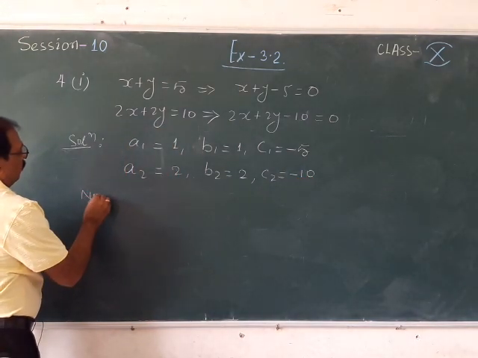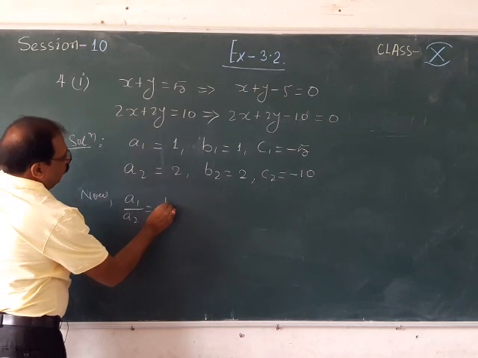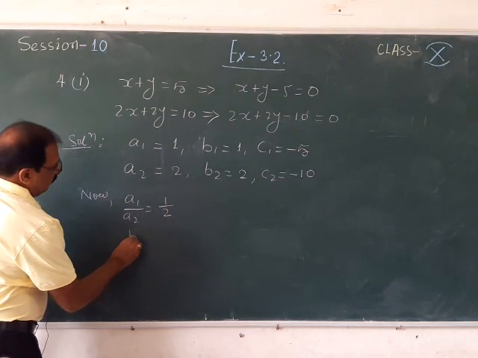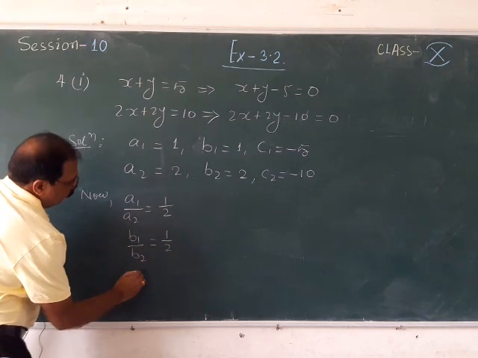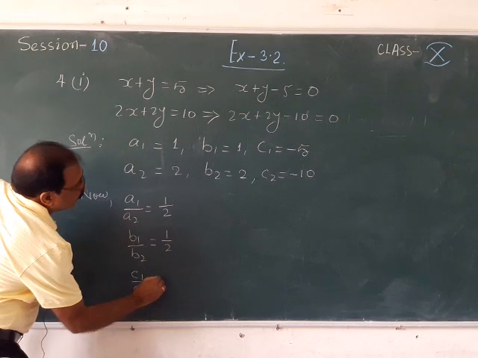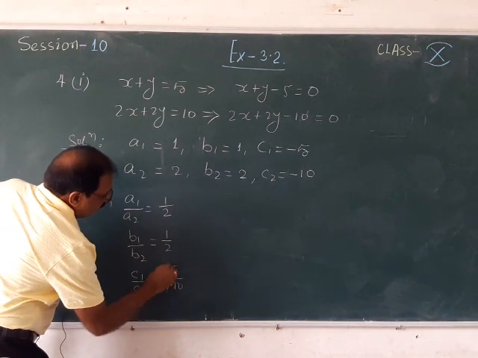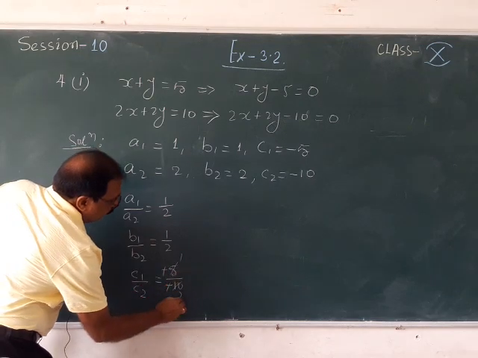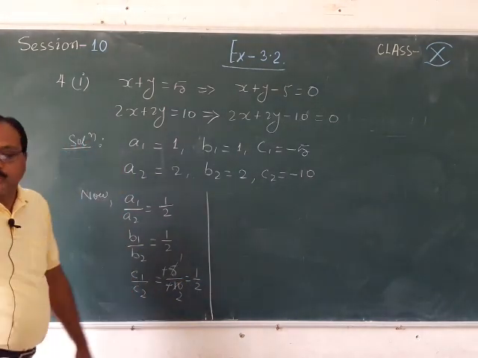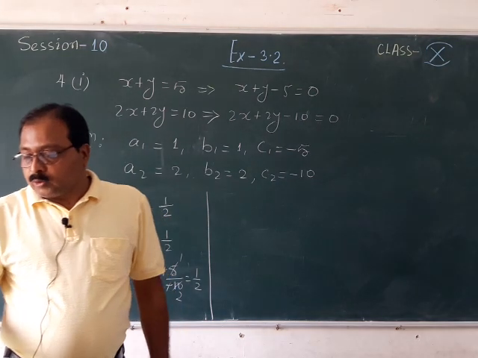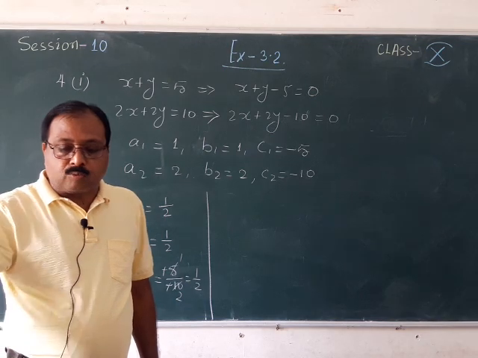Now you have to write a1 by a2, that is 1 upon 2. Then b1 by b2, that is coming 1 upon 2, and then c1 by c2, that is minus 5 by minus 10. Minus sign gone, 5 ones are 5 and 5 twos are 10, that means it is also coming 1 by 2. That means all the values, whatever values you are getting, they all are equal.